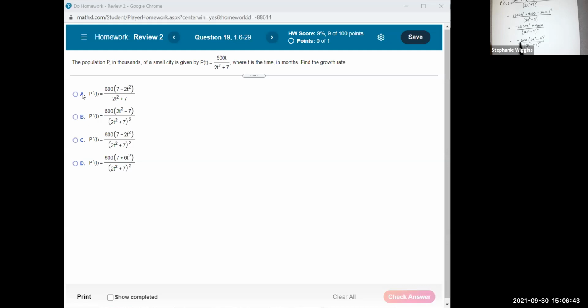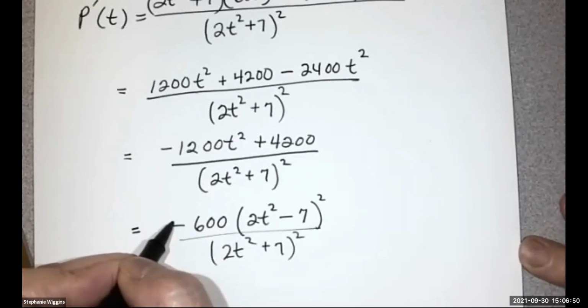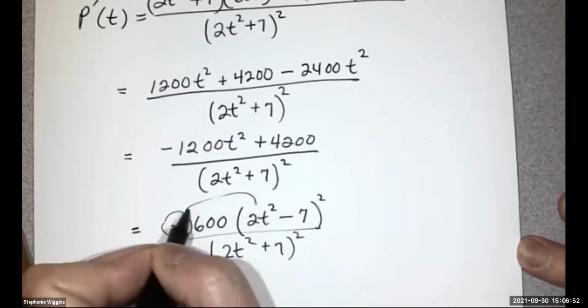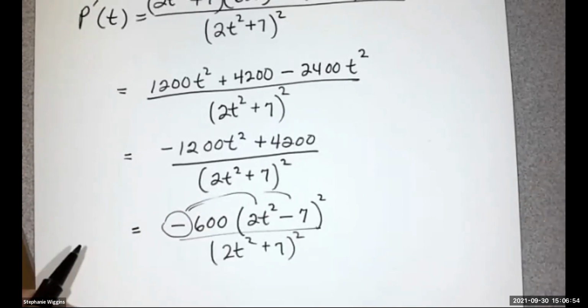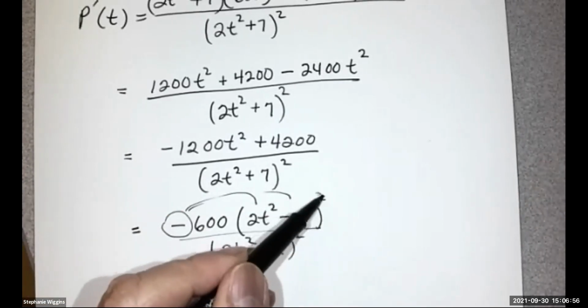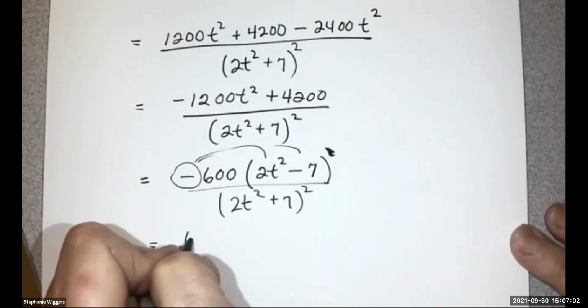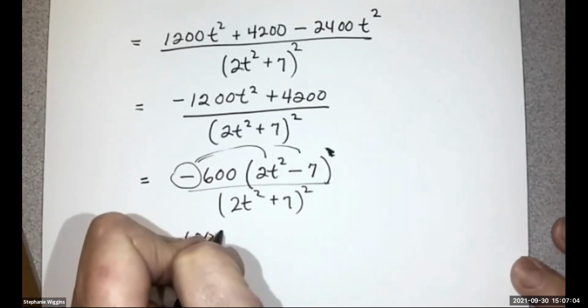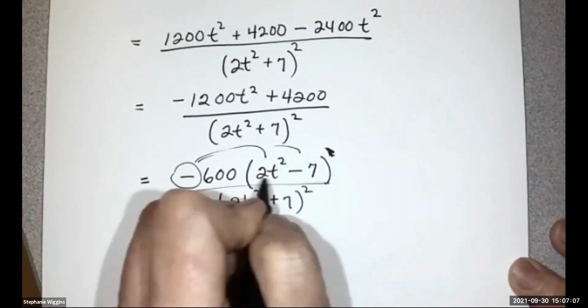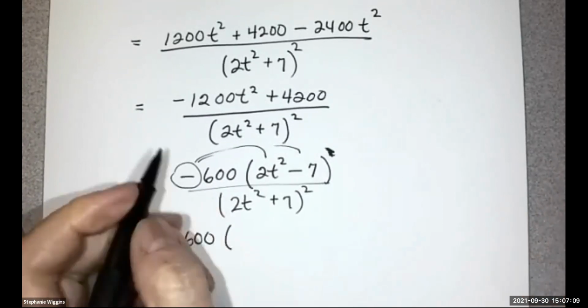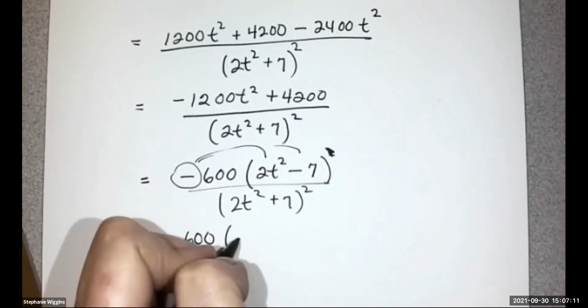And they don't have the negative out front. So going back, I'm going to multiply this negative through here because they don't have it out front. I probably would avoid this type of problem on a test just because the algebra is, you're trying to match their choices.